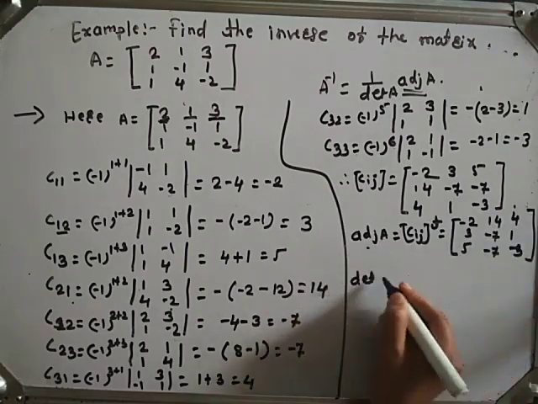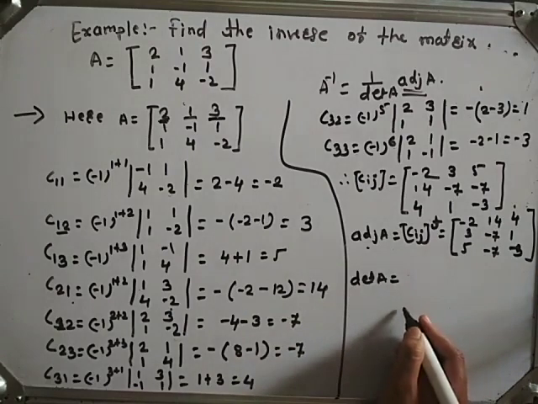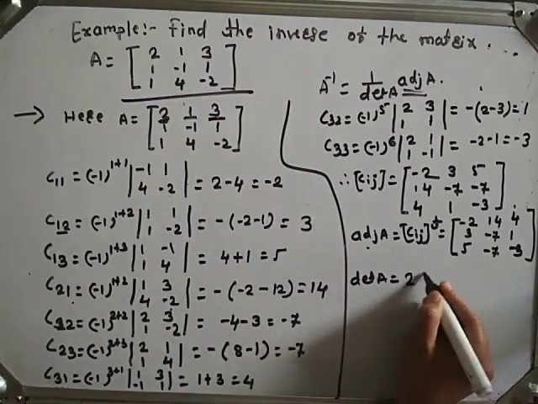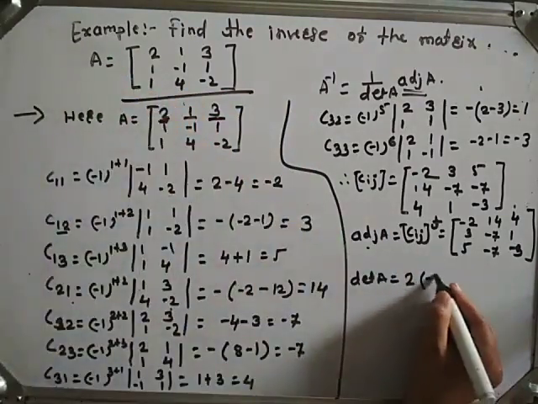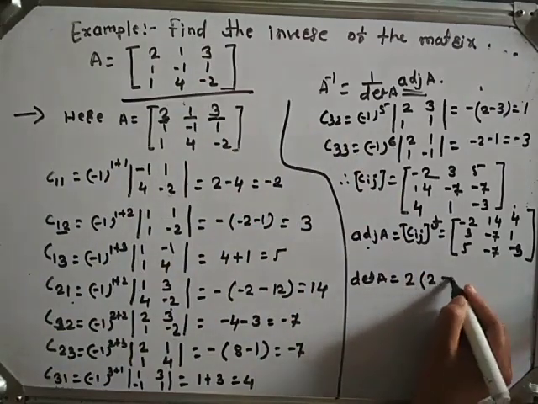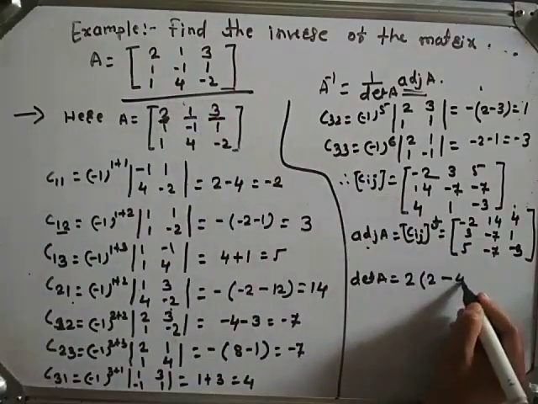Now we have to find determinant of A. Determinant of A is your matrix. So determinant of A, 2 into minus 1 into minus 2 is plus 2 minus 4, okay.